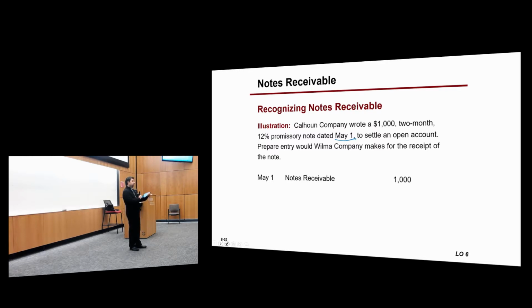So they will debit notes receivable and credit accounts receivable. When a customer is settling their account with a note, it's as if they paid their debt with another debt. They paid their debt, so we credit accounts receivable, with another debt that generates revenue, which is notes receivable. Okay?